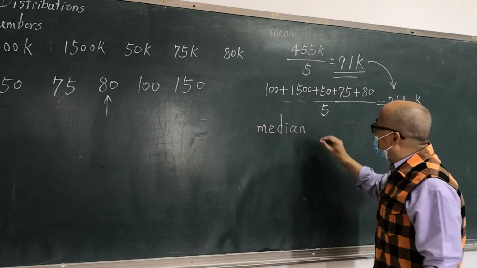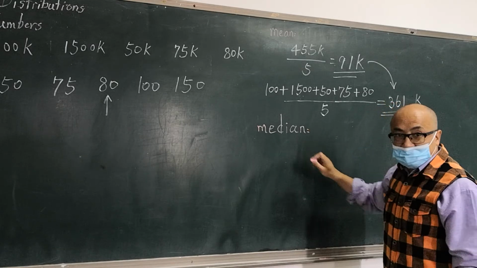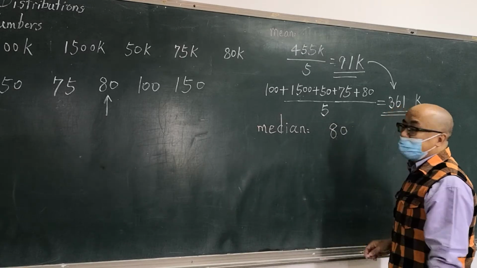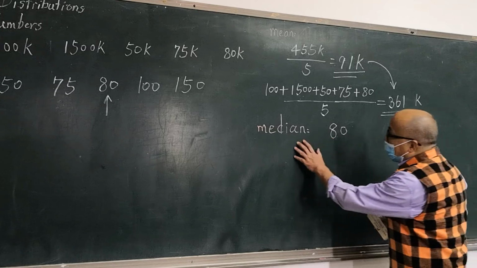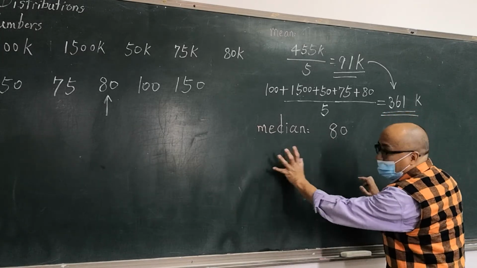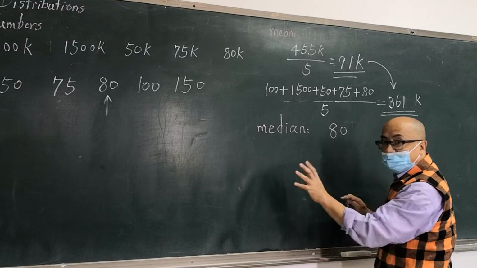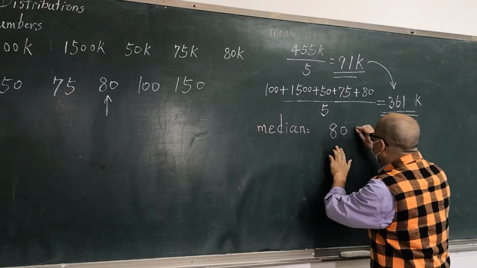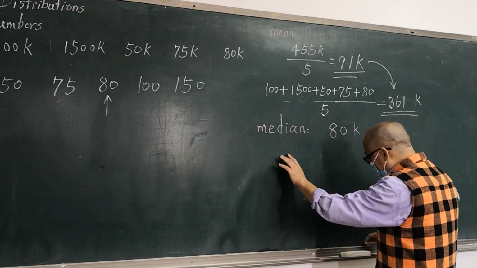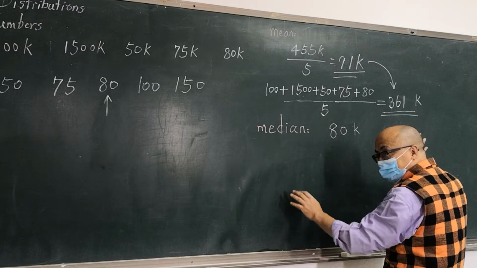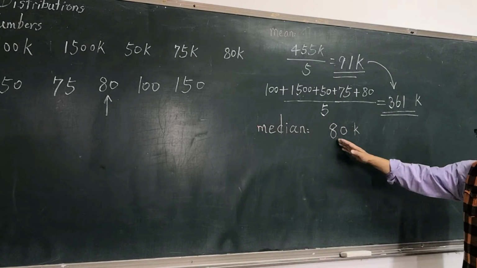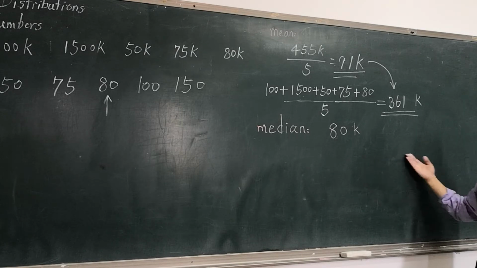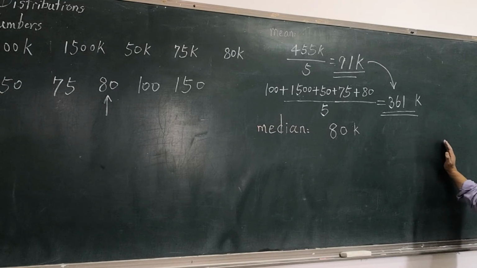Everything I'm teaching is from your book. Median is the middle number. In this case, it's 80. This means there are an equal number of houses cheaper than 80K, and an equal number more expensive than 80K. They are the same number.